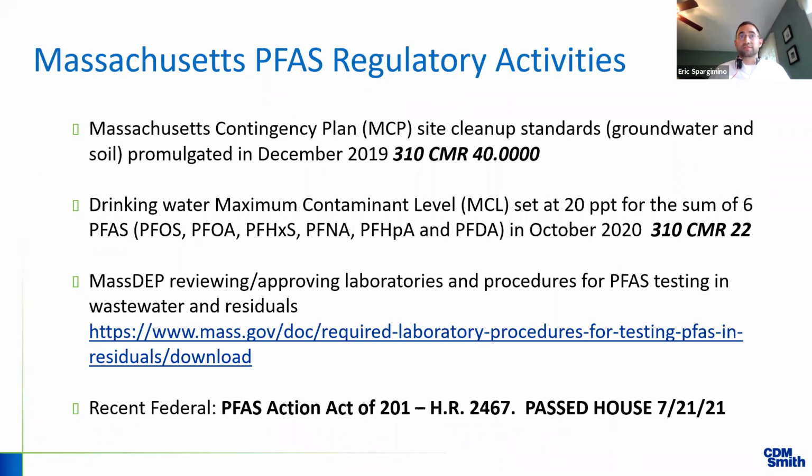And similarly, that MCP is also for the same 6 compounds. And it's these 6 compounds listed here on this second bullet, because those are the compounds that Mass DEP has very good toxicological data for, and we understand really well.